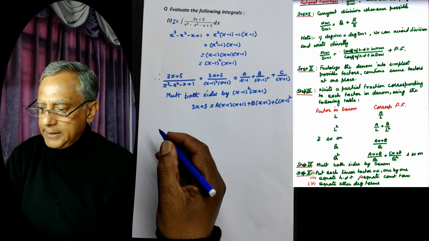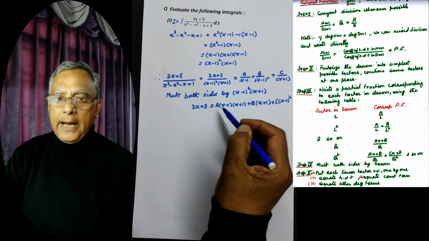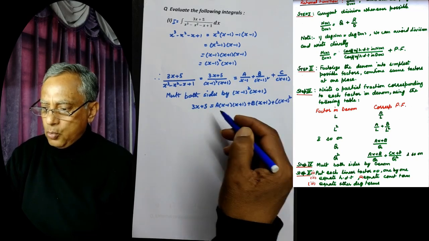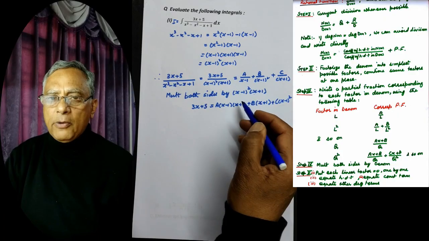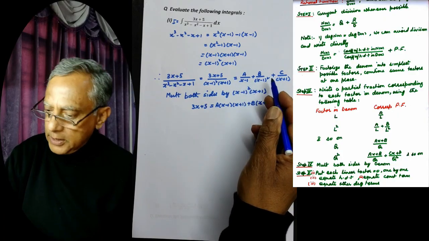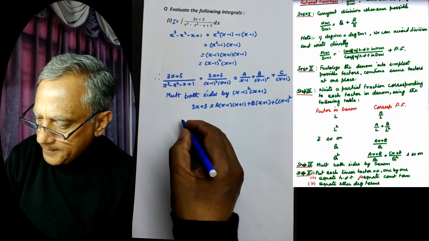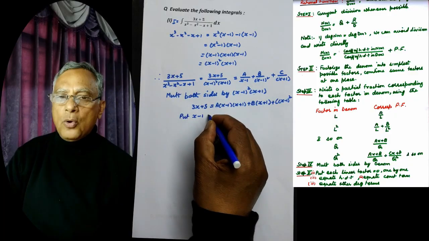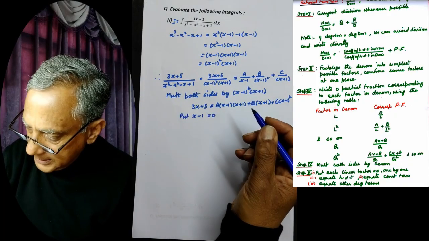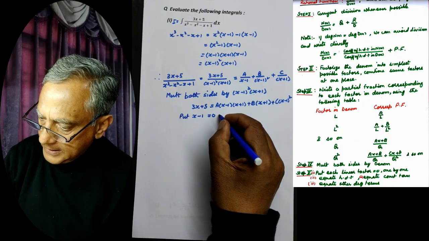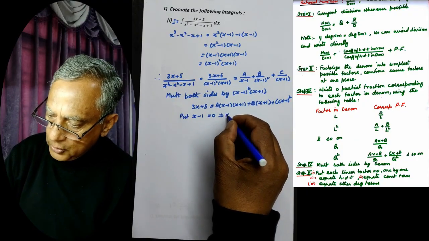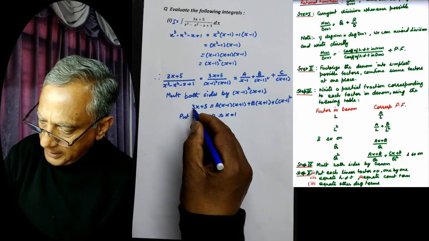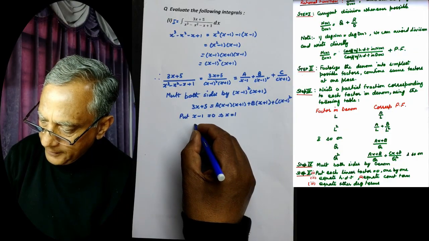Now we will find these constants. And to find these constants, first we will put each linear factor equal to 0, 1 by 1. So first we will put x minus 1 equal to 0. So this implies x is equal to 1. So x equal to 1, so this will be 3 plus 5.